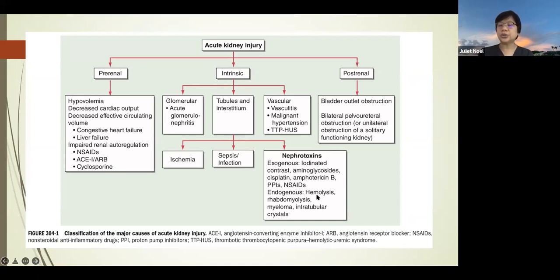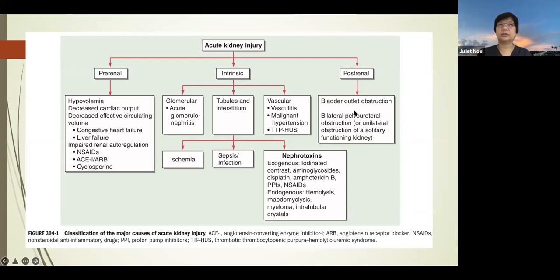So endogenous: when you have hemolysis, the hemoglobin can precipitate in the tubules and cause AKI, ATN. Rhabdomyolysis, where the myoglobin would precipitate. Multiple myeloma, and increased crystals can cause tubular damage. For post-renal, this is usually bladder outlet obstruction.